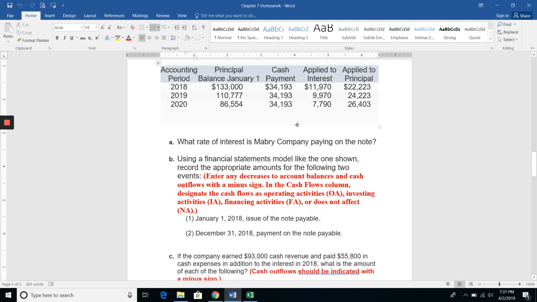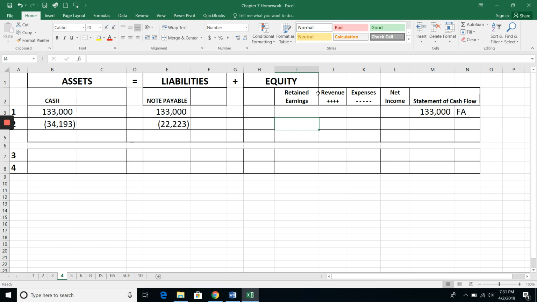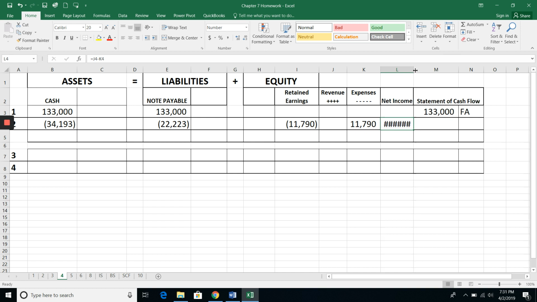And the interest, the cost of us borrowing that money for that period of time, 11,970, is going to reduce our retained earnings, just like any other expense. So we have an expense here in the form of interest, our revenue minus our expenses. That's going to show us the net income impact of that particular transaction.